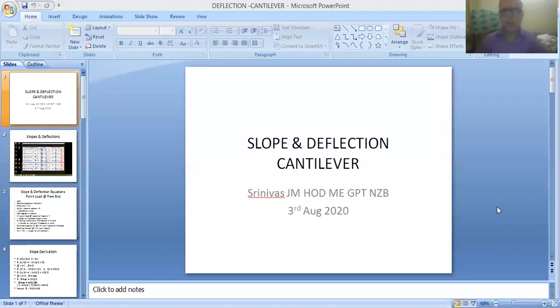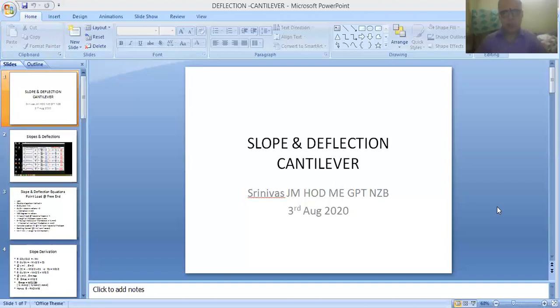Generally, loads acting on any beam are classified into two categories, namely point loads, also called concentrated loads, and secondly, uniformly distributed loads, or simply UDL. Point loads are denoted by capital W and expressed in newtons.